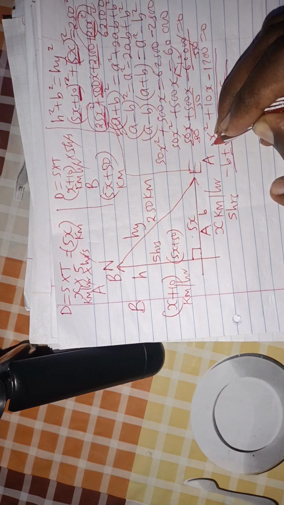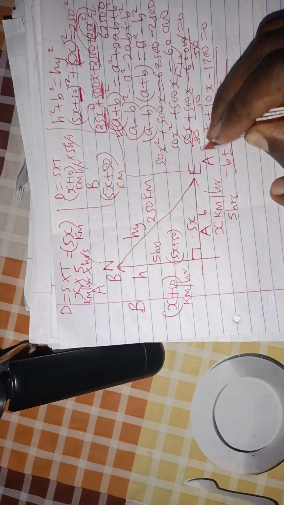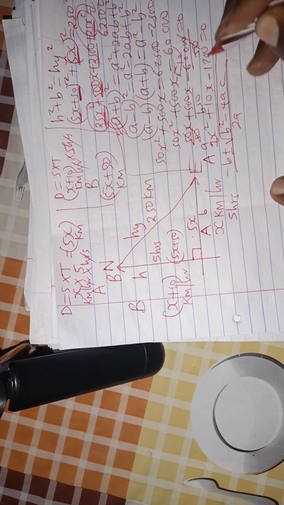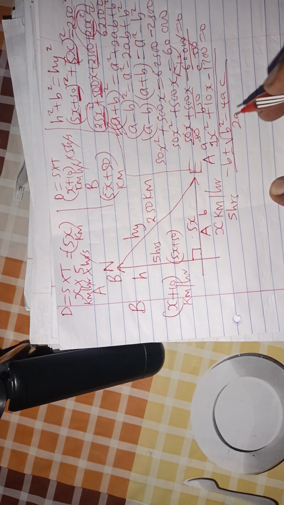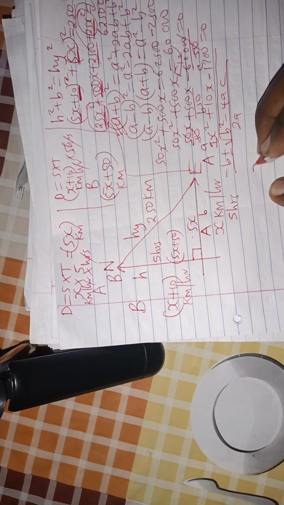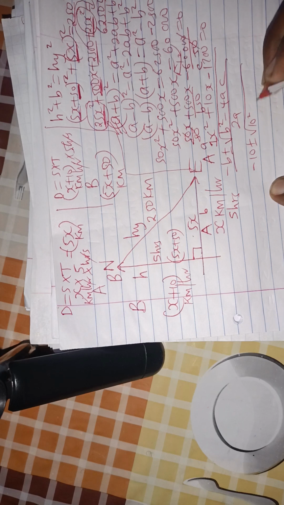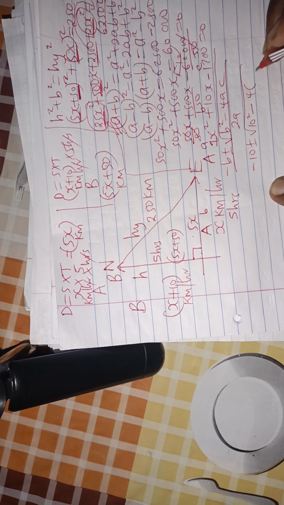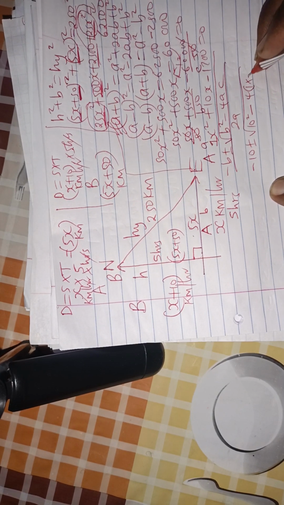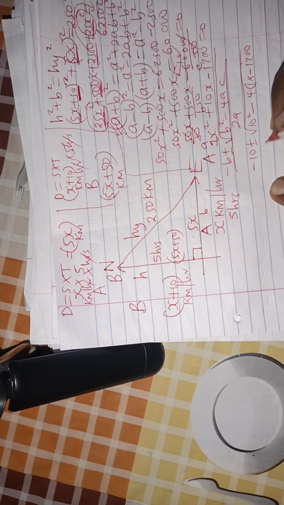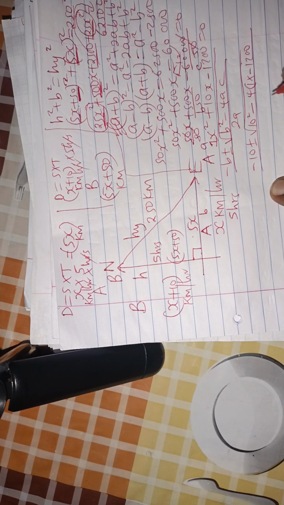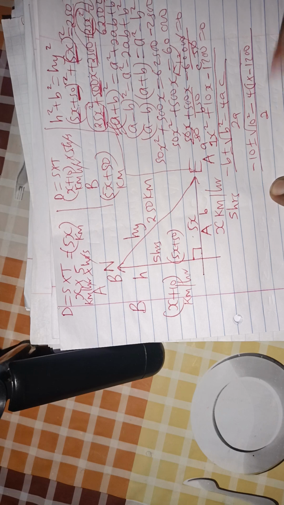So I know this is 1, which can be our a, this is our b, this is our c. So we just come here and say minus 10 plus or minus the square root of 10 squared minus 4 into a, 1, times c, negative 1200, over 2 times 1, which is just 2, because a is 1.